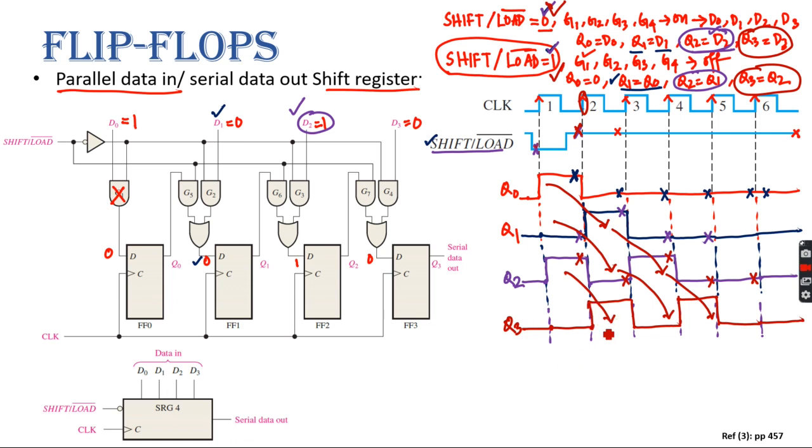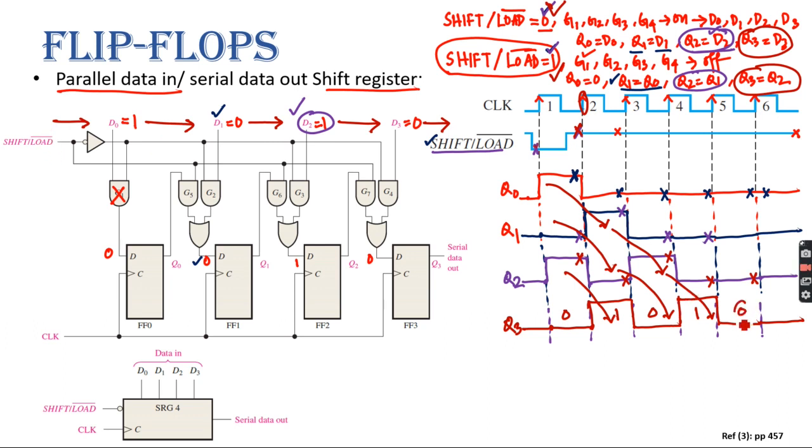So now if you can see the output, how it is working: 0 1 0 1 0. So what was your value? 1 0 1 0, right? So 0 will go first, then 1, then 0, then 1. Then is there any bit here?